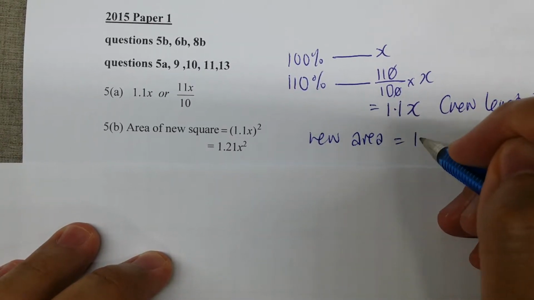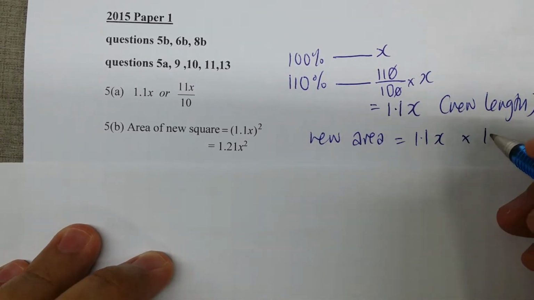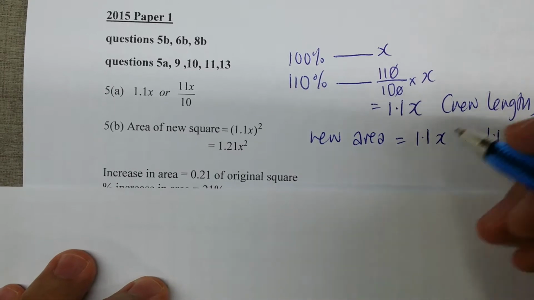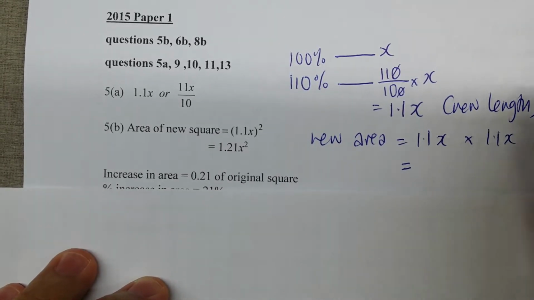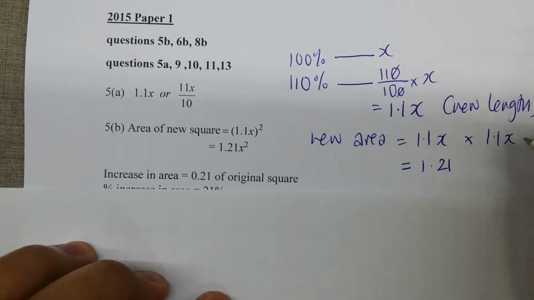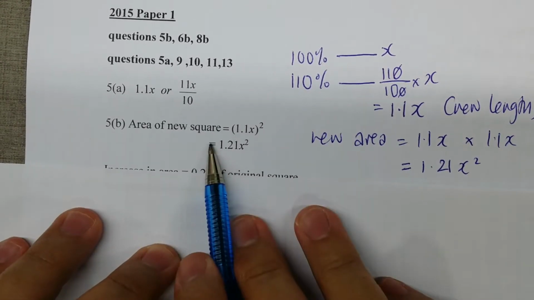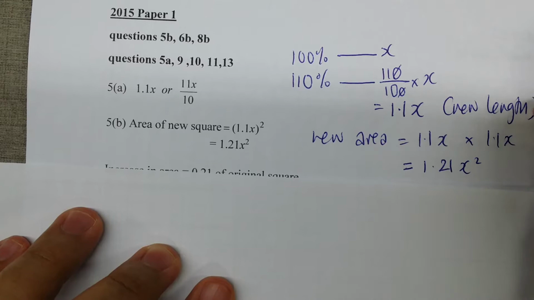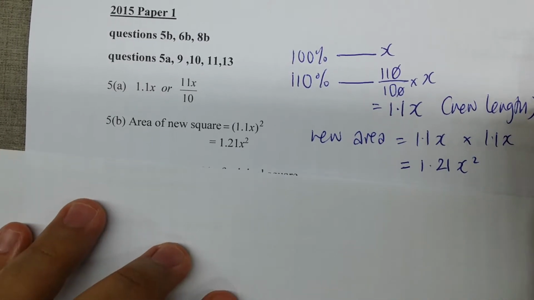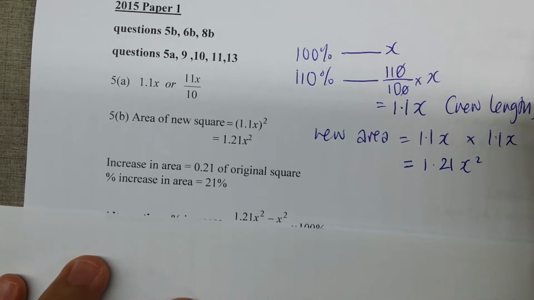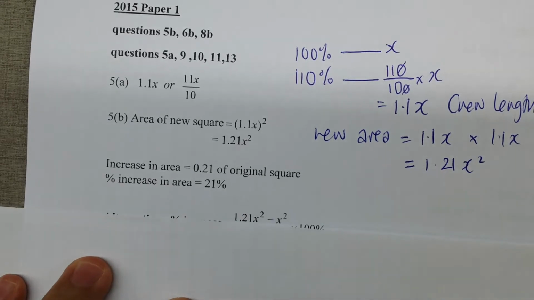So the new area will be 1.1x times 1.1x. 1.1 times 1.1 is 1.21. And x times x is x squared. So it tallies with this one. The new area is 1.21x squared. Okay? So the increase in area is 21%.